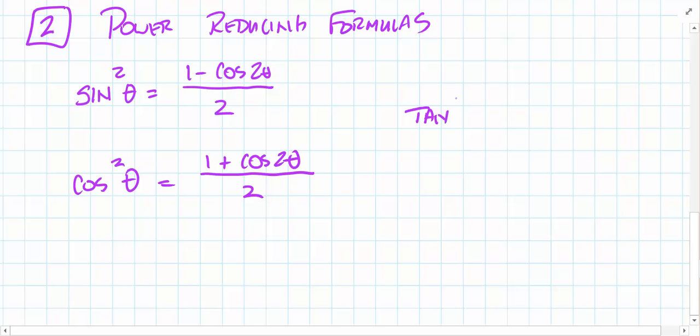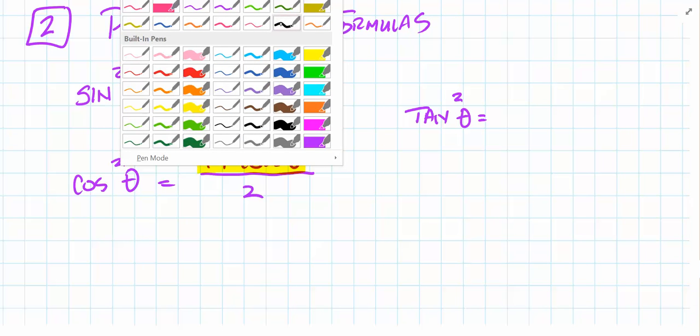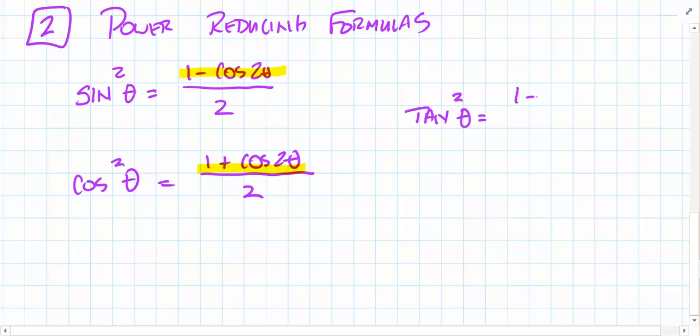And the tangent squared of theta is, hopefully you guys noticed this, the quotient of the two numerators right on top there. So it is 1 minus your cosine of 2 theta, all divided by 1 plus your cosine of 2 theta.